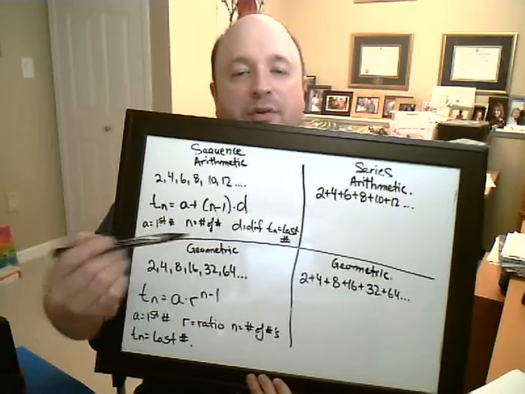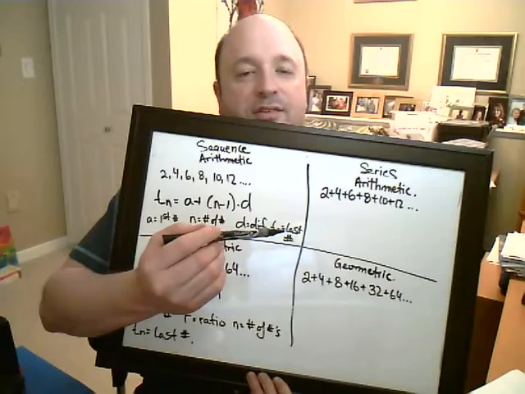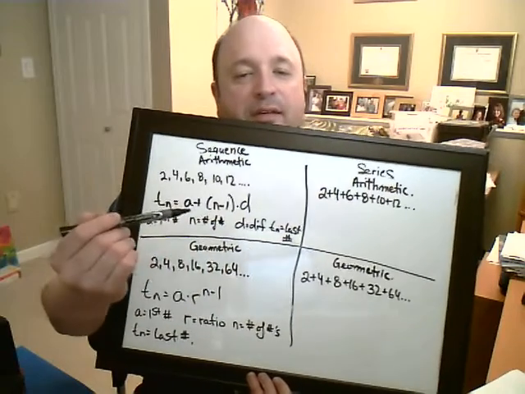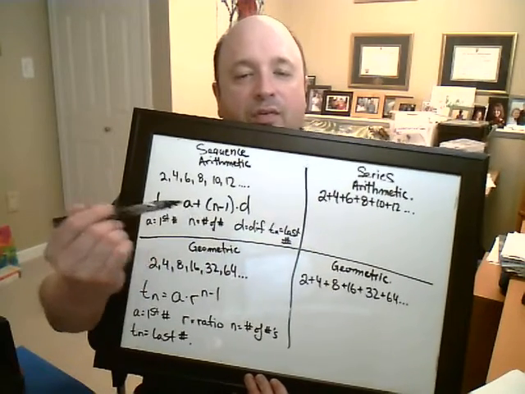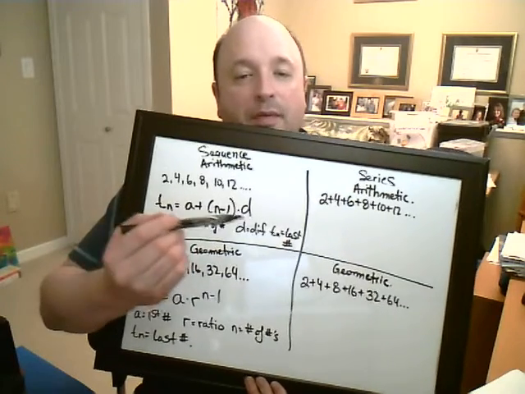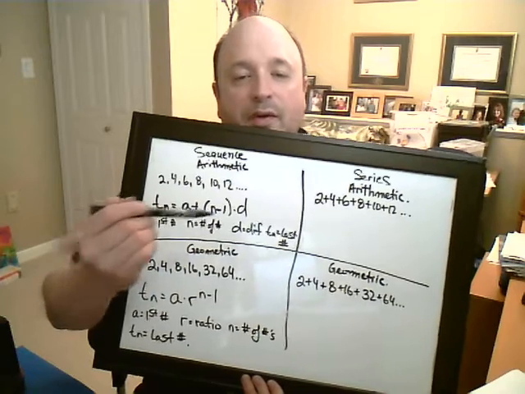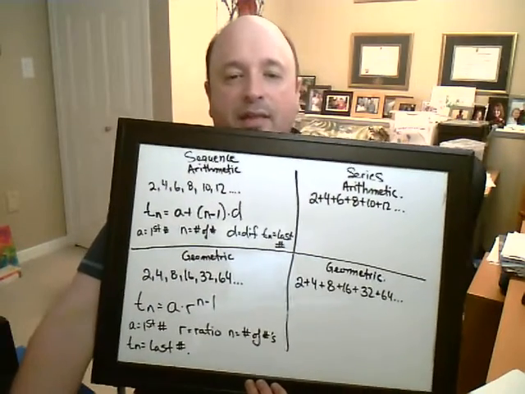A is your first number, n is your number of numbers, d is the difference, and Tn is your last number. And it's just a formula. And so, I can give you different pieces of information within this formula, and you'll be obliged to either solve for Tn or solve for one of the numbers inside the formula. And we'll go through a couple little examples like that.